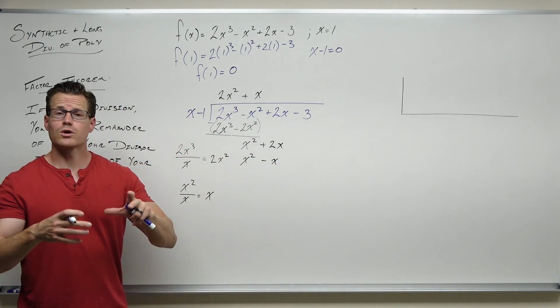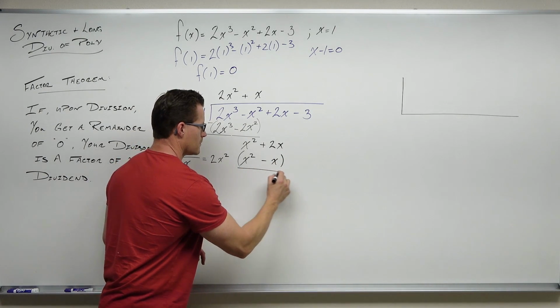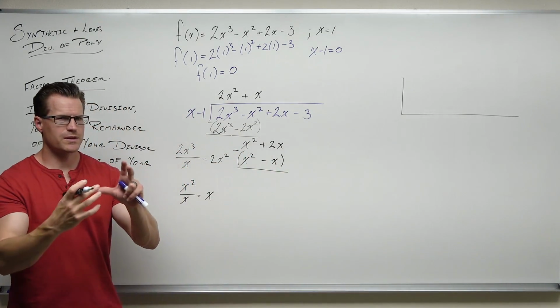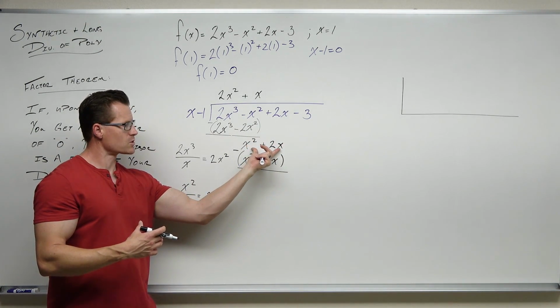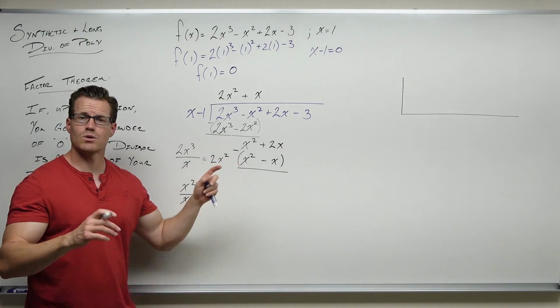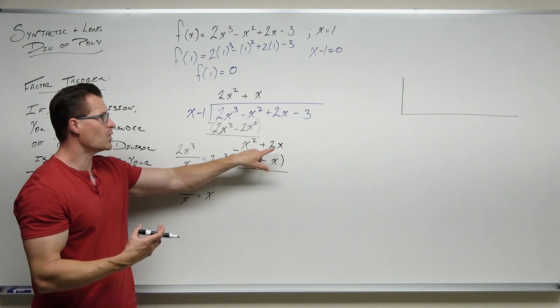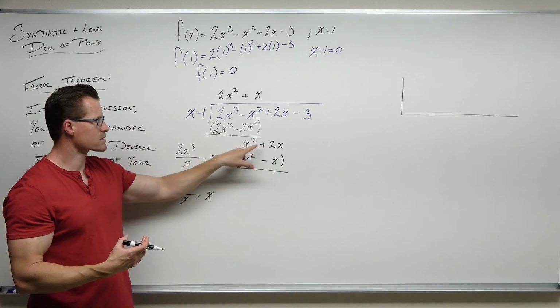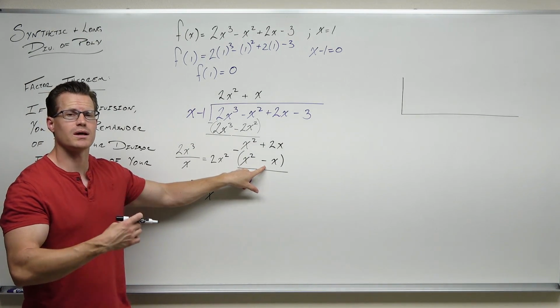And then just like before, we're going to subtract. So I'm going to put my parentheses around that because I'm really subtracting polynomials. So first minus second says x squared minus x squared. That's 0. That's what we want to see. We want to see those first terms kind of disappear all the time. But watch your signs. 2x minus negative x, and that's going to give us 2x plus x.